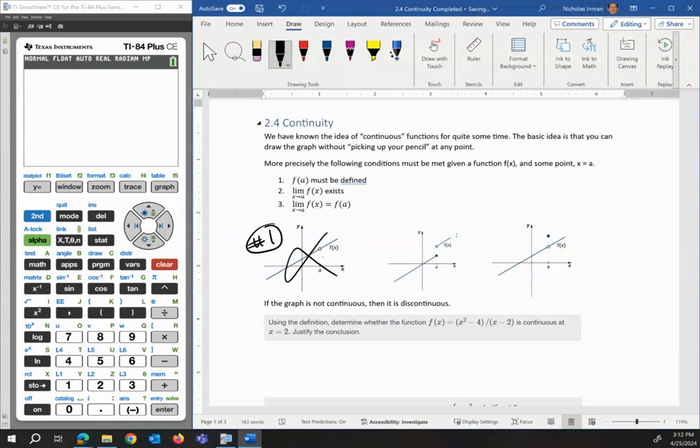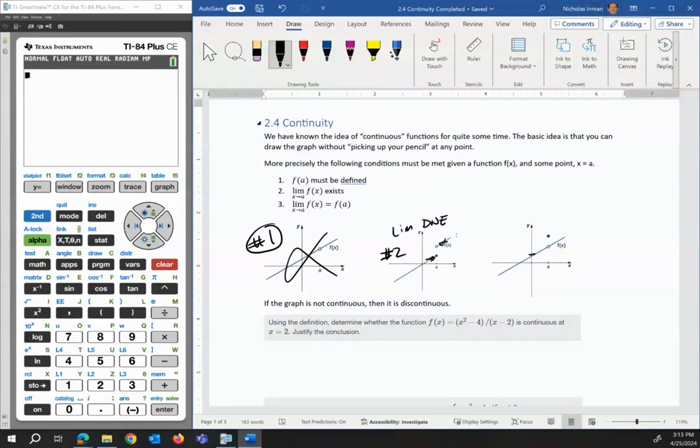This one, the limit as we approach a, well, the limit as you approach from the left is here, from the right is here. This limit does not exist. So that's why this is discontinuous due to number 2. That limit does not exist.